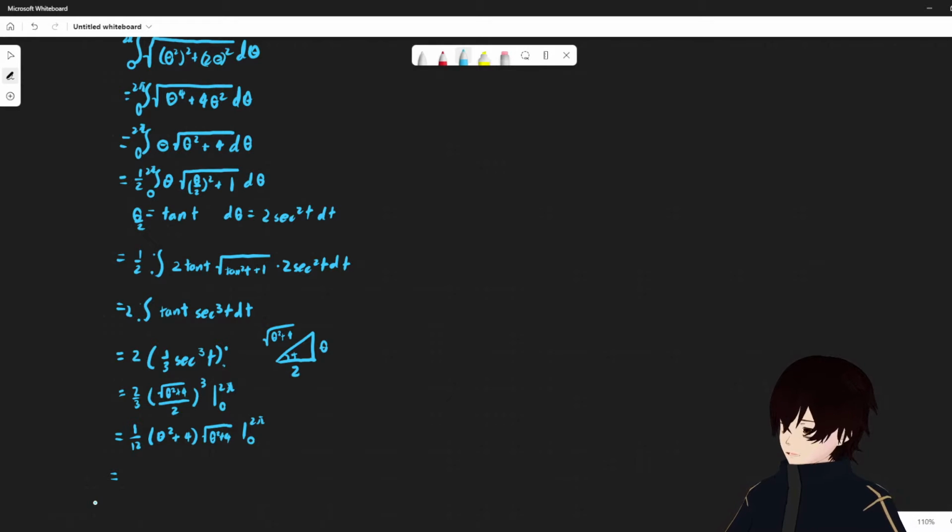Oh dear. Why is this so long? Alright, let's write it a slightly different way. Theta squared plus 4 to the power 3 over 2, from 0 to 2 pi.